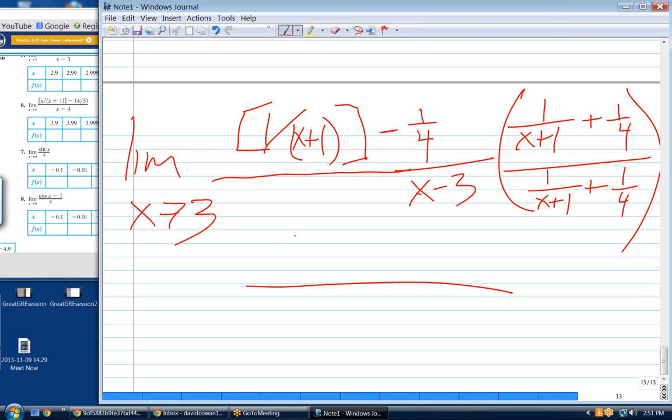The new numerator will be 1/4 squared minus... What's the left term? Just 1 over x plus 1, squared. And the right term, in other words, this is a difference of squares, 1/16.